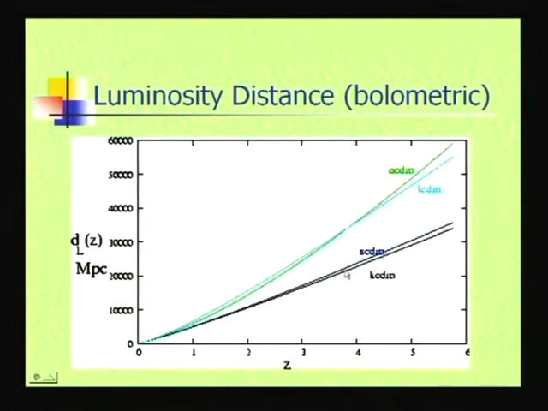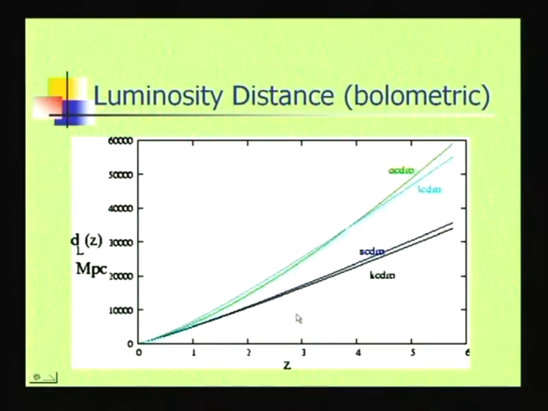Okay. So, if I had an object of fixed luminosity, and if I were to move it further and further away, it would get progressively fainter and fainter. Now, the same object at the same redshift would be fainter in a LCDM universe than in an OCDM model or an SCDM model.